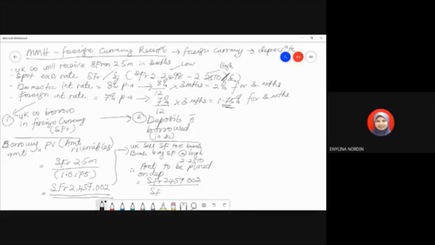Swiss franc exchange rate, which is the high rate, the rate that the bank will use to buy, which is 2.2510. Okay, so the amount that should be deposited is how much? Equals to 1,091,516 pounds. So this is the amount that should be placed in the deposit account.